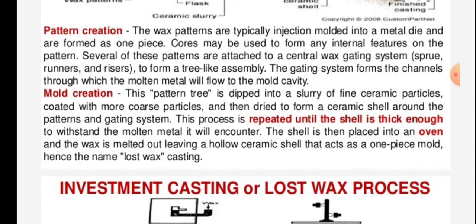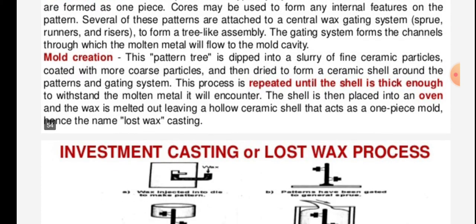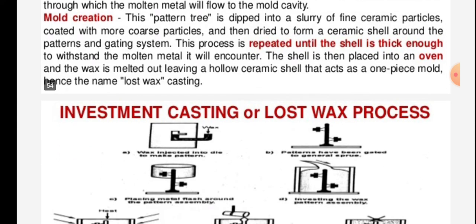Mold creation. This pattern tree is dipped into a slurry of fine ceramic particles, coated with more coarse particles, and then dried to form a ceramic shell around the pattern and gating system.